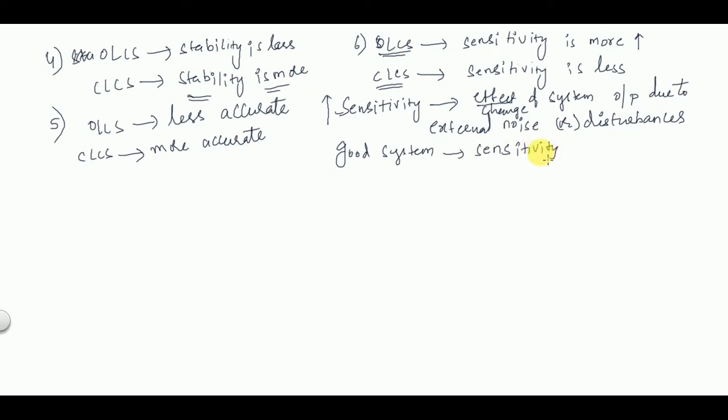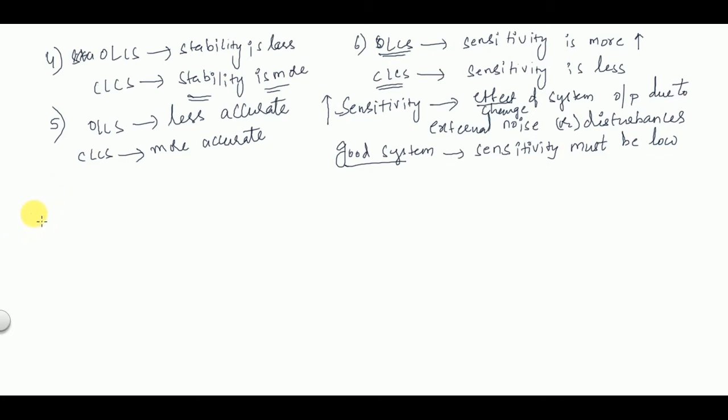That means the response with respect to external noise must be as low as possible. The output should not be affected by external noises or disturbances. If it is not affecting, it means sensitivity is going to be less. So for any good system, sensitivity must be low. This is one of the differences between open loop and closed loop control system.